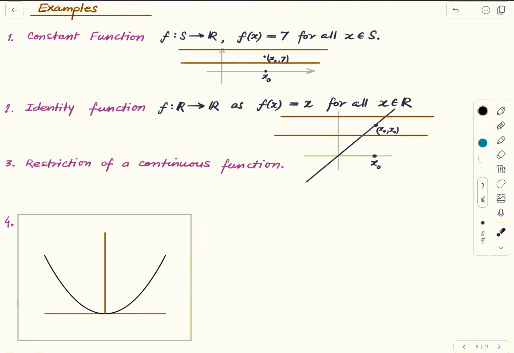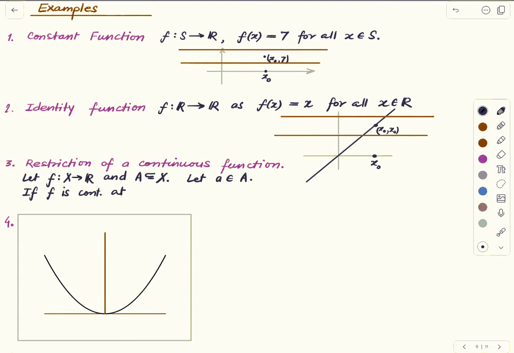Here I will leave an exercise. Suppose we have a function f from X to R and A is a subset of X. Everything is non-empty. Let a be a point in the set A. Now, if the function f is continuous at a, then the restriction of f to A is also continuous at a.